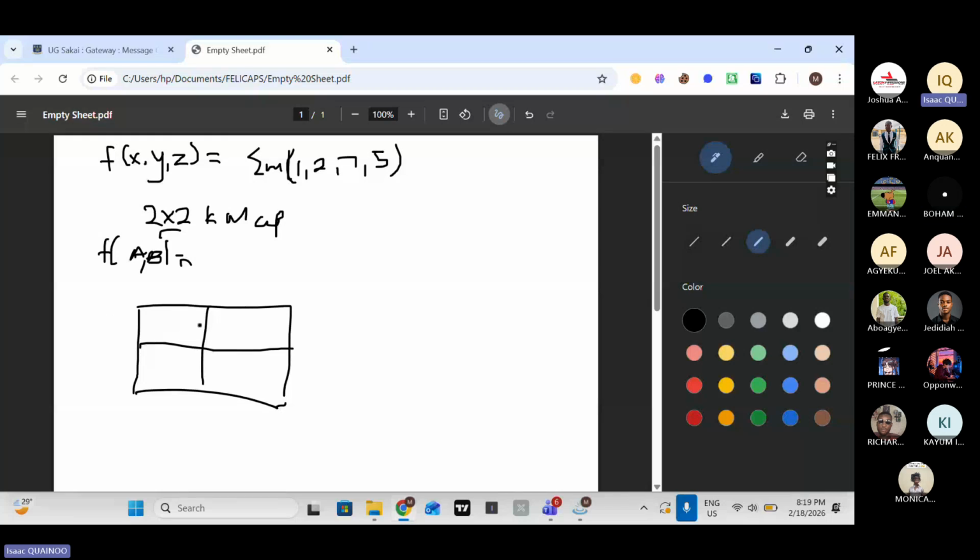Okay. So this is a 2 by 2 K-map. They have a total of 4 cells in them. Okay. So to represent A and B, we can denote this place as A and then denote this place as B. So it means that the fields at this section will be denoted as B, and the fields here will be denoted as A. Okay, so to number the fields, we use gray codes to do our numbering.